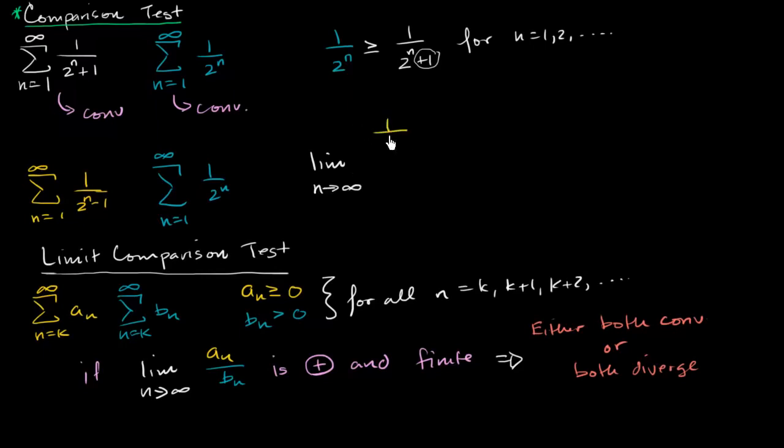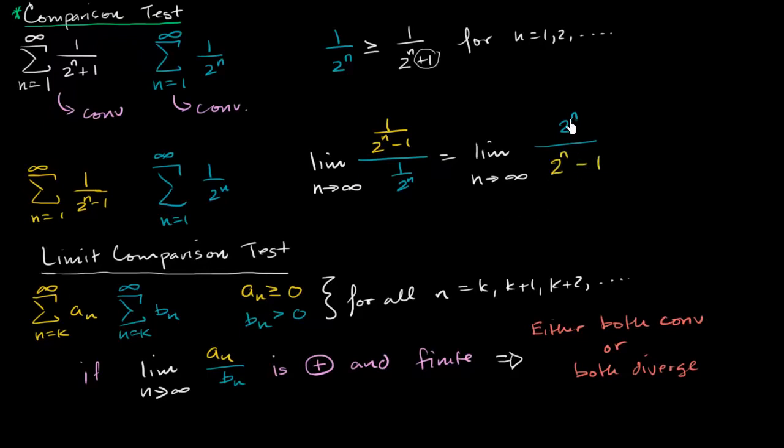So it's going to be 1 over 2 to the n minus 1 over 1 over 2 to the n. And what's that going to be equal to? Well, that's going to be equal to the limit as n approaches infinity of, if you divide by 1 over 2 to the n, that's the same thing as multiplying by 2 to the n. So it's going to be 2 to the n over 2 to the n minus 1.